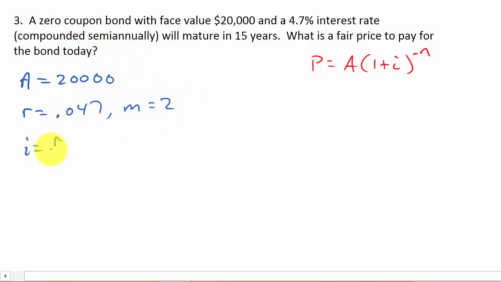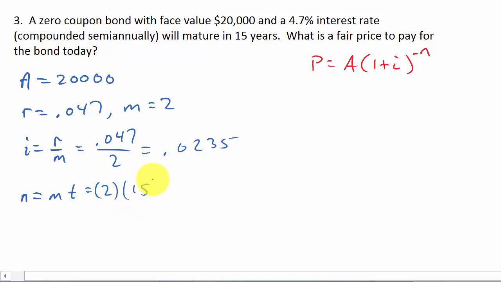I is equal to r over m, so 0.047 divided by 2 gives us 0.0235. And then n is m times t, which is 2 times the 15 years, which equals 30.